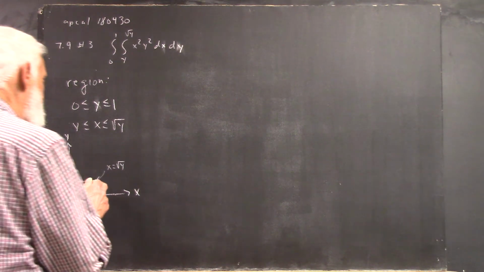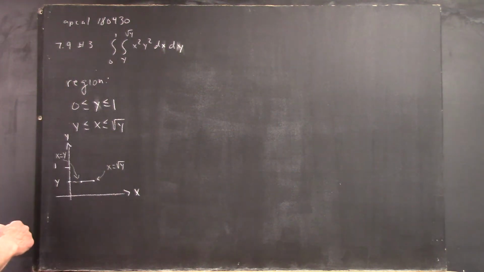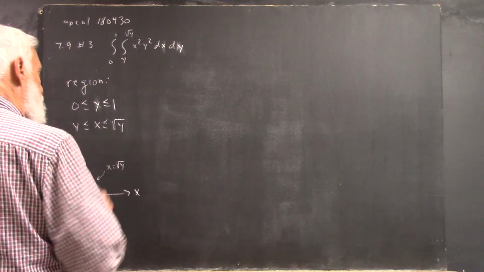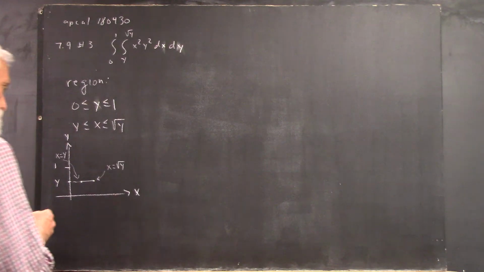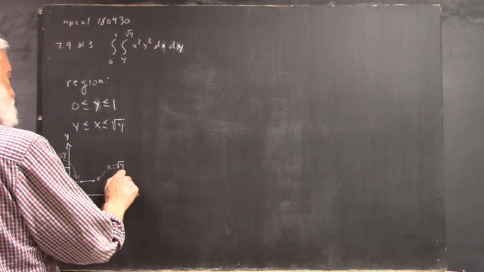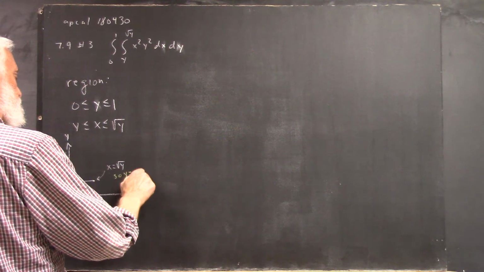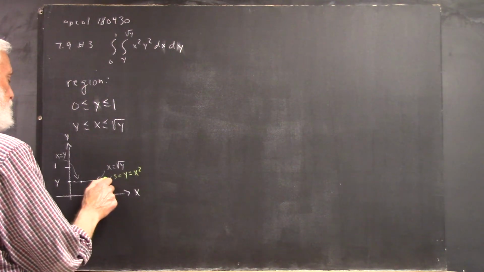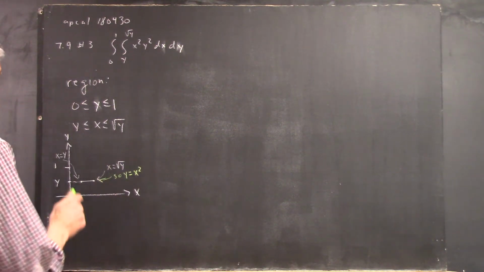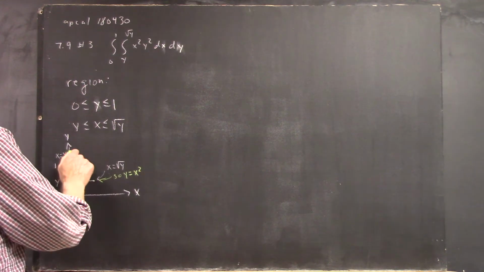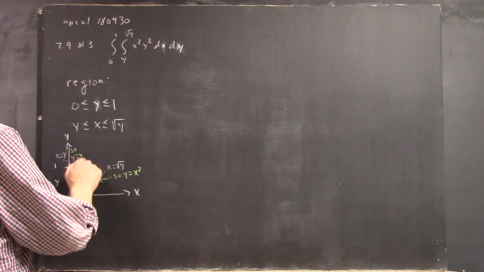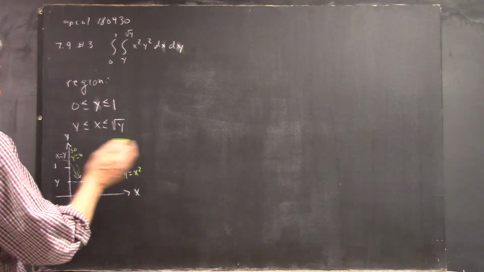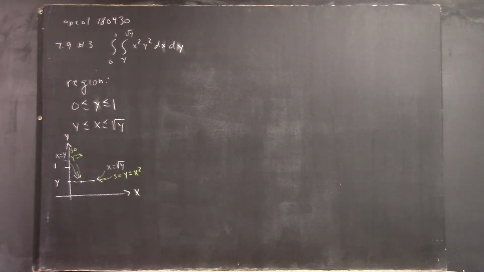Okay, well, if x equals the square root of y, then at this point, y has to equal x squared. And at this point, of course, if x equals y, then y equals x. That's kind of a no-brainer. You don't have to do any algebra or anything, right?